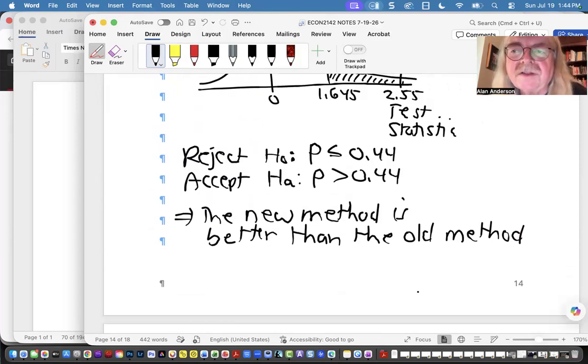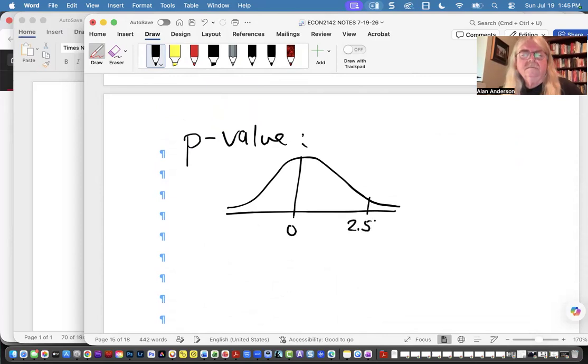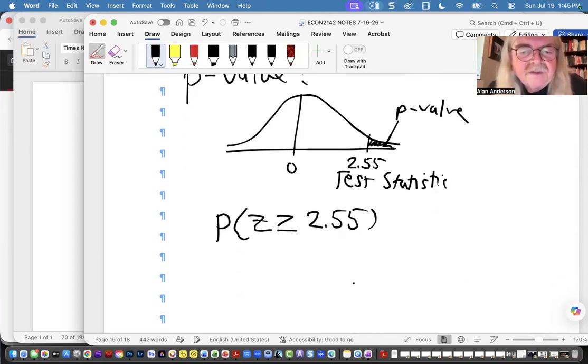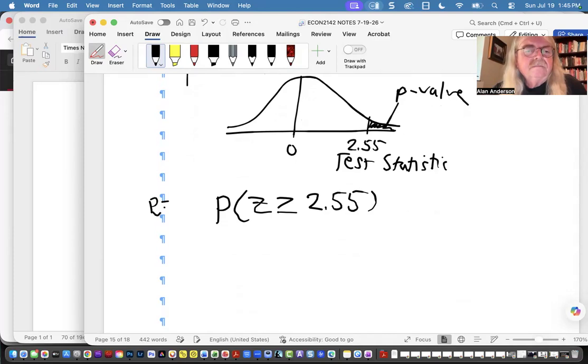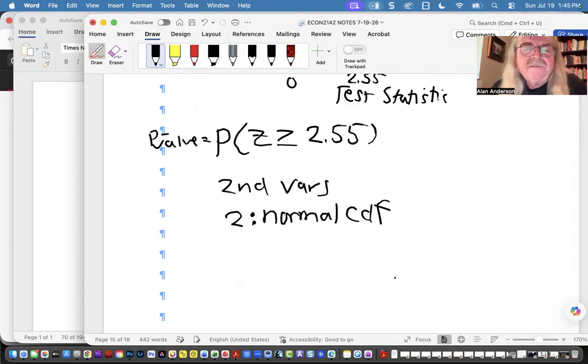So anything above that test statistic is the p-value. And we find that by calculating the probability that z is greater than or equal to 2.55. So we go to second vars. Normal CDF.